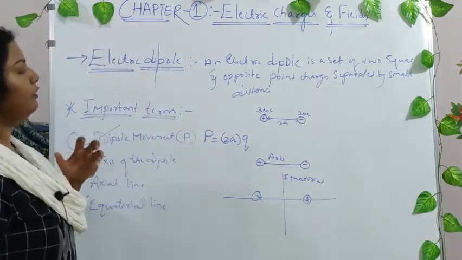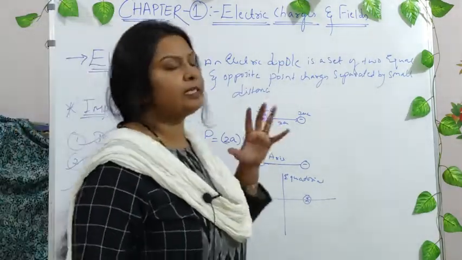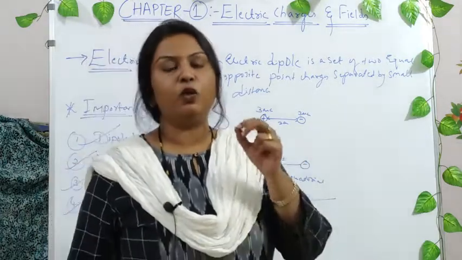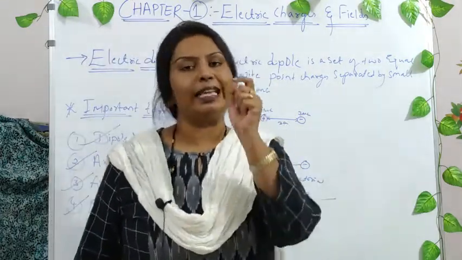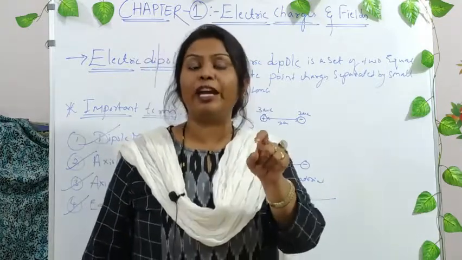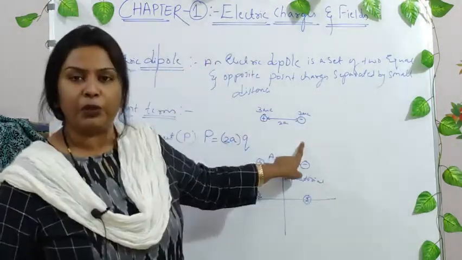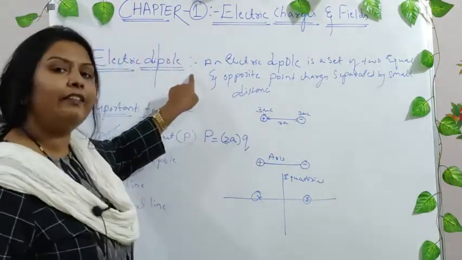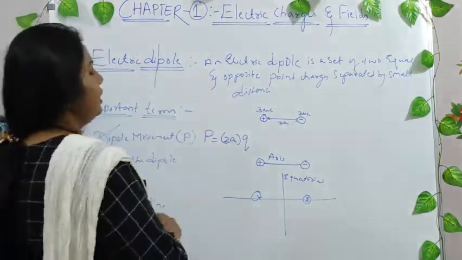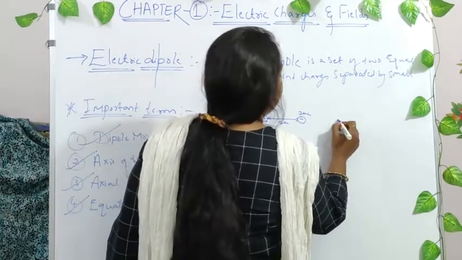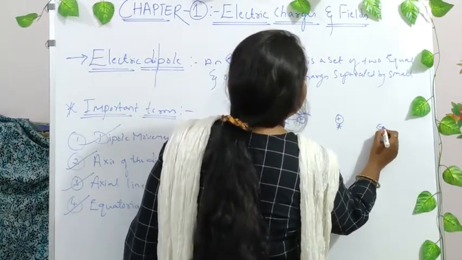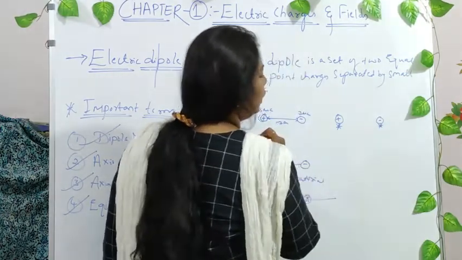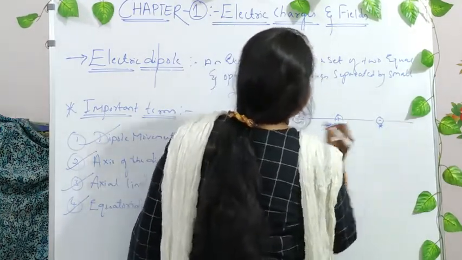The main concept of studying the electric dipole: there are two main concepts. You want to understand what the electric field is at some particular point due to the electric dipole. You have a positive charge and another charge that is negative. These are the dipole. This is an axial line.